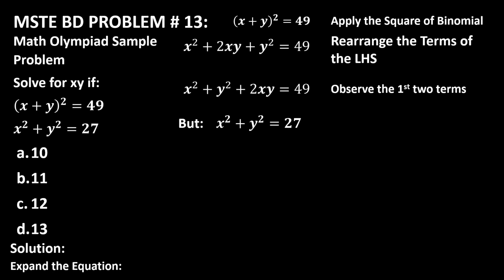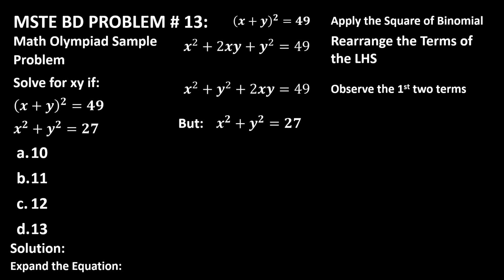As we can see now, x squared plus y squared equals 27. So what's next? We need to substitute the value of x squared plus y squared equals 27 into the previous equation, x squared plus y squared plus 2xy equals 49.